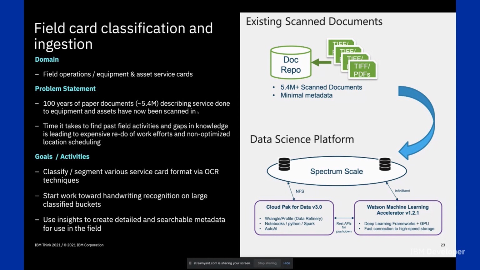And with those scanned in documents, they were able to take a little bit of metadata from those, and it definitely helped their operations by being able to go online, because before you go out and do the next set of work, you have to look up what was done before and the materials and the pieces before you go out there. Right? So having the electronic very much helped, but it still wasn't really searchable. It wasn't really able to access and analyze and have it give suggestions upon that data.